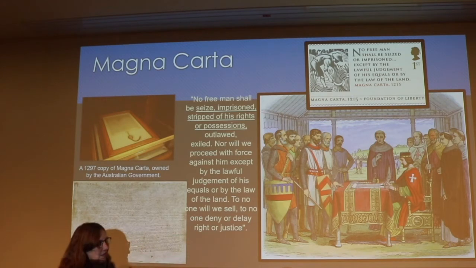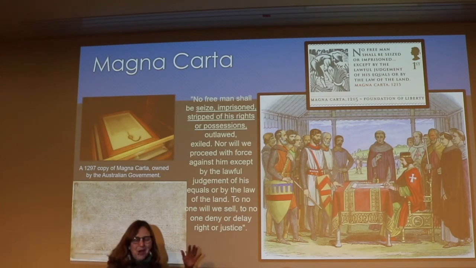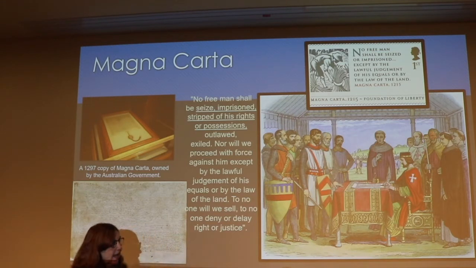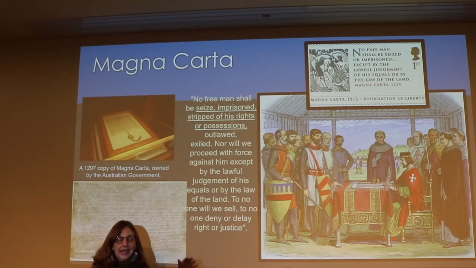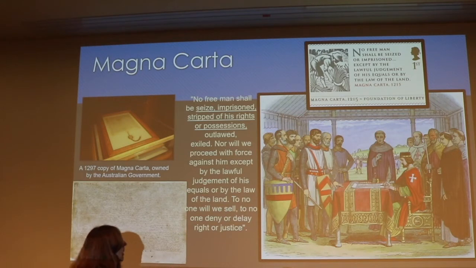There's a lot to this document, but mainly it says that no one is above the law. So the king is subject to the law just like the people. The king can't decide just to throw someone in jail. There have to be laws. And if someone breaks the laws, they have to have a jury and they have to be proven to have done something wrong before they can be incarcerated.